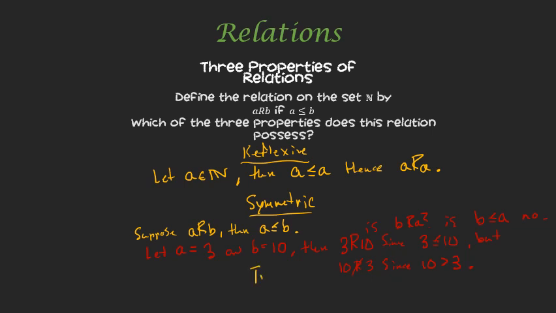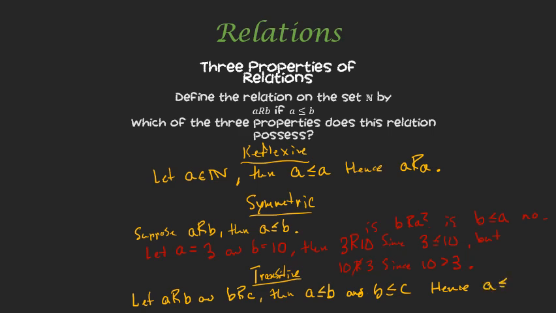Is this transitive? I already talked about how inequalities will always be transitive. And why is that? Well, let A be related to B and B related to C, and let's prove that A is related to C. Then A is less than or equal to B, just writing out what that means, and B is less than or equal to C. Hence, A is less than or equal to C, because that's how natural numbers work.